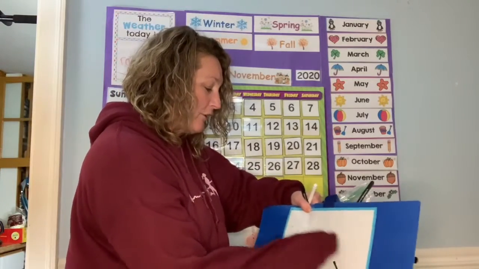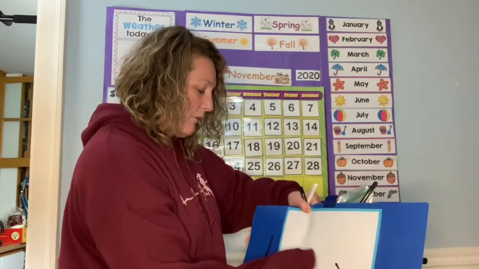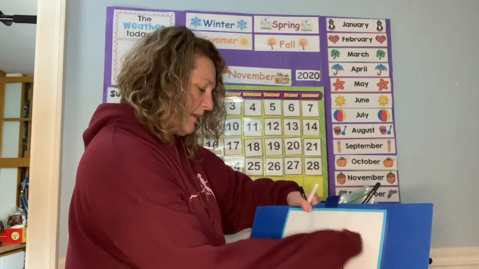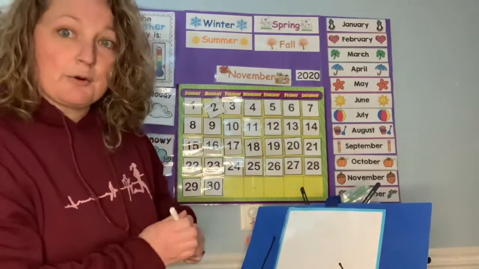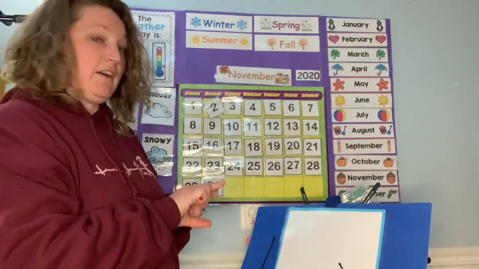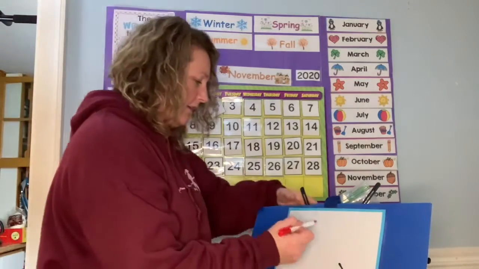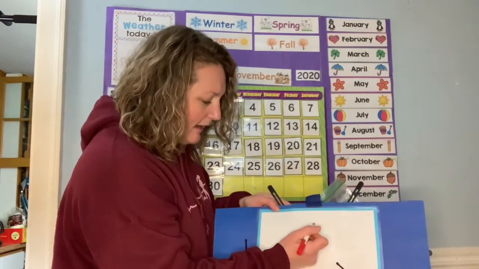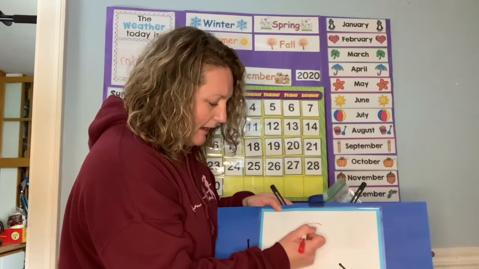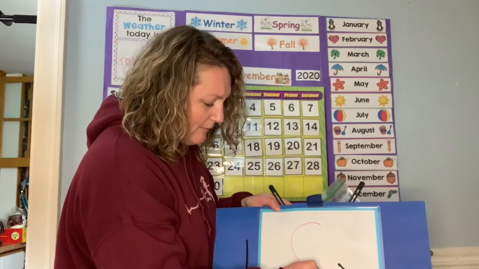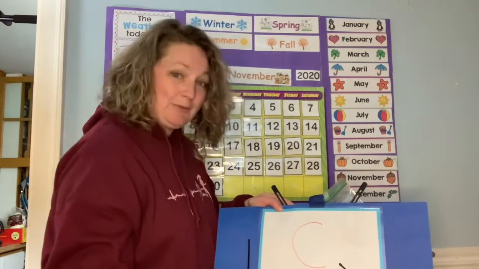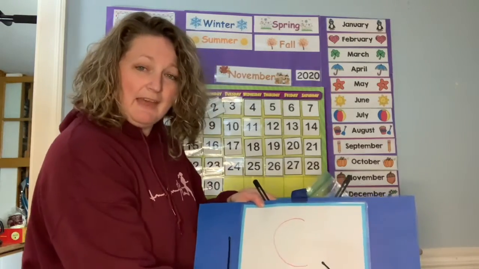We prepare for Christmas by waiting for Jesus to come, but Christmas starts with a very cool letter, the letter C. And C starts at the top, and he comes around almost like you're going to make a big circle, but you stop. Can you see that?